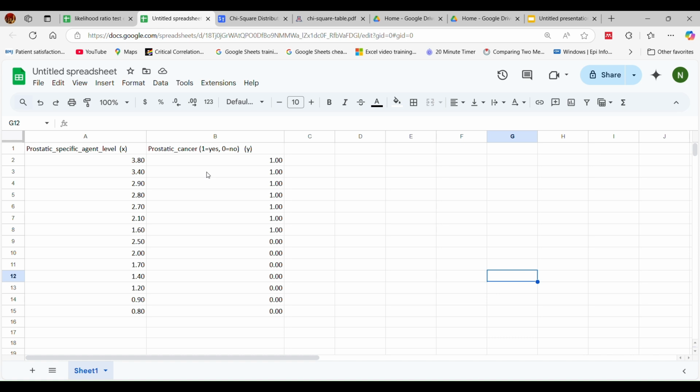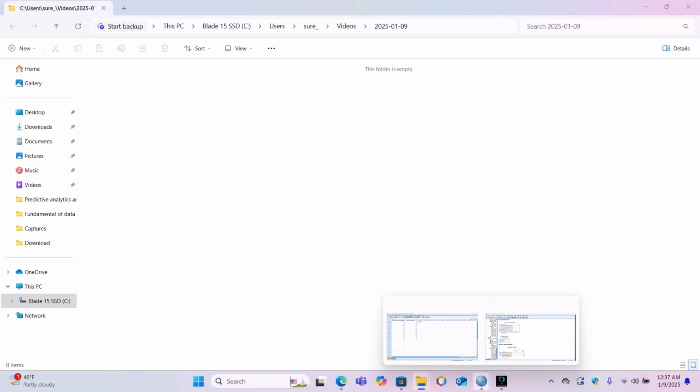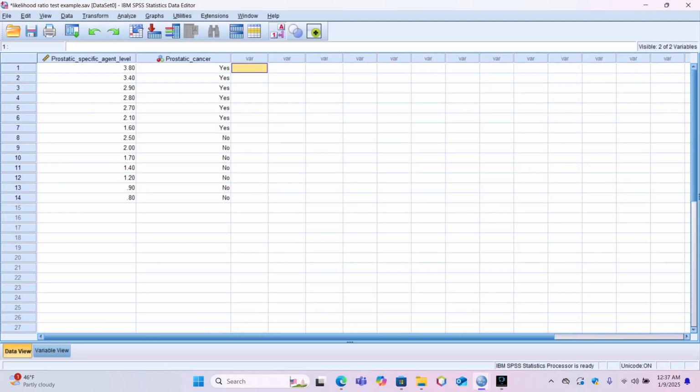First we'll see how this is analyzed in SPSS. This is the same data in SPSS. Here we are trying to predict prostatic cancer with the prostatic specific antigen level.